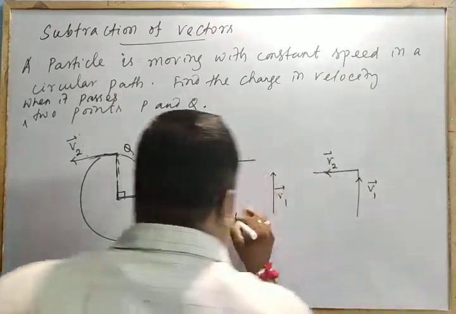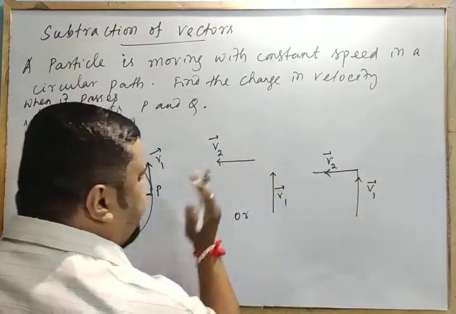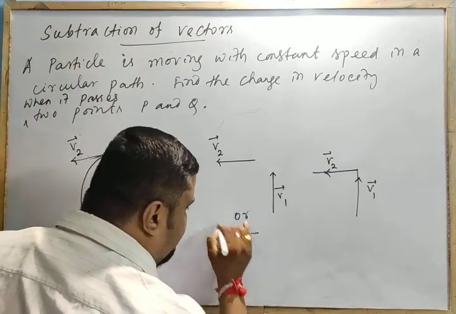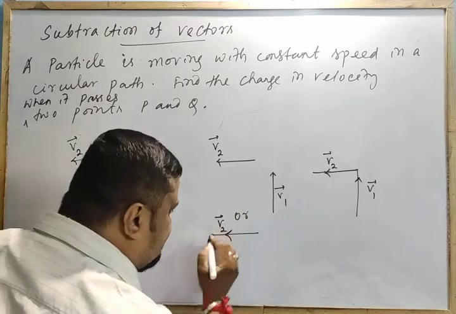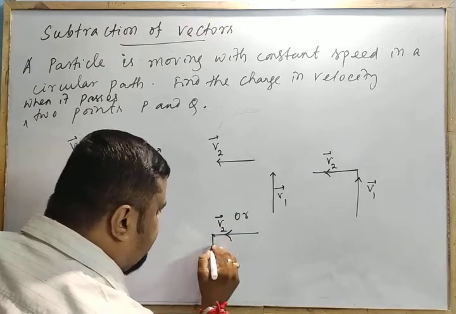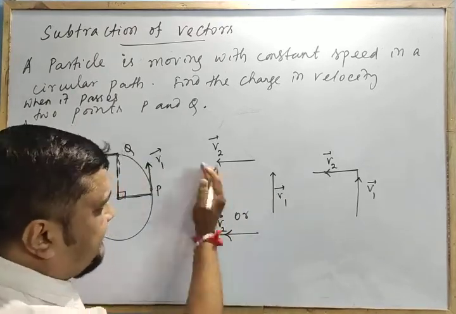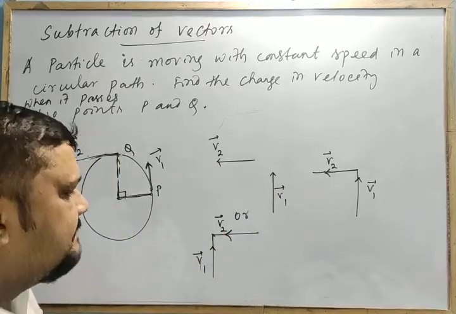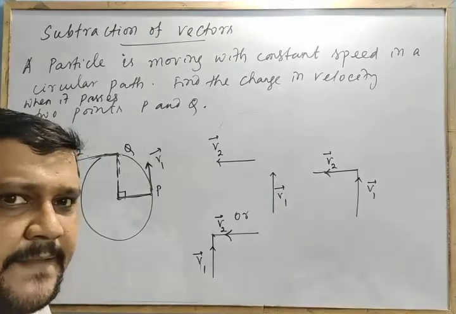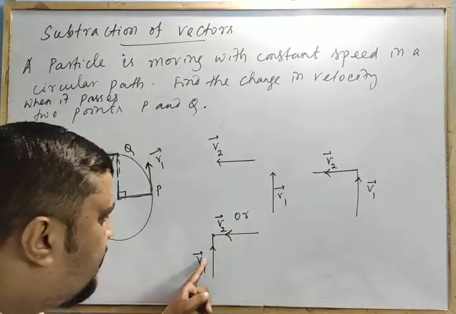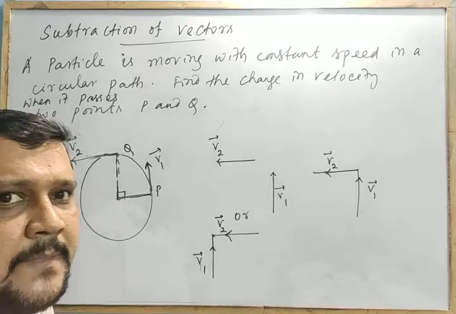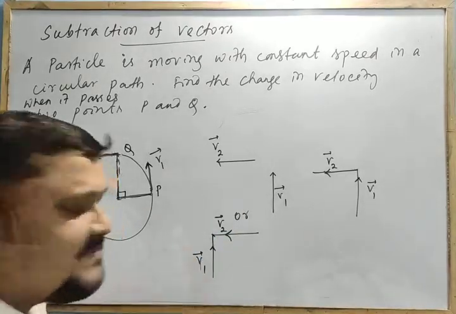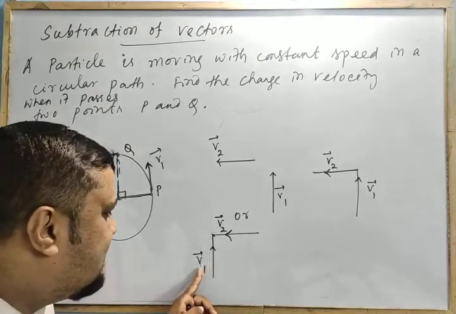Or take this V1 here, parallel shifting V1. Clear? V2, V1. So by using subtraction, I will make this minus V1.